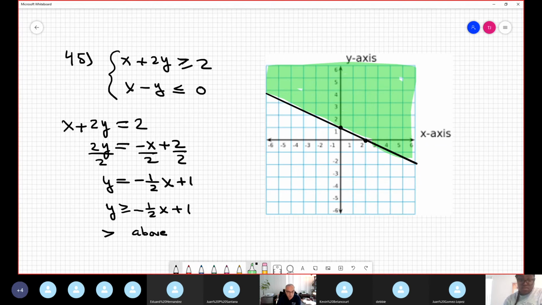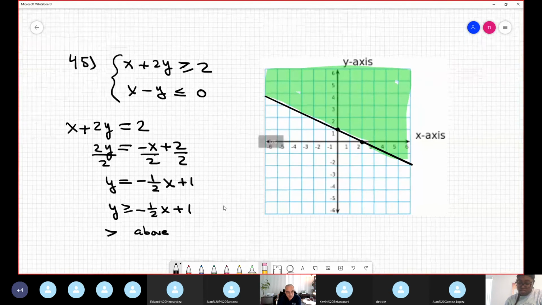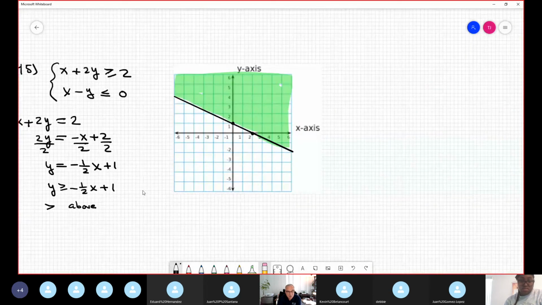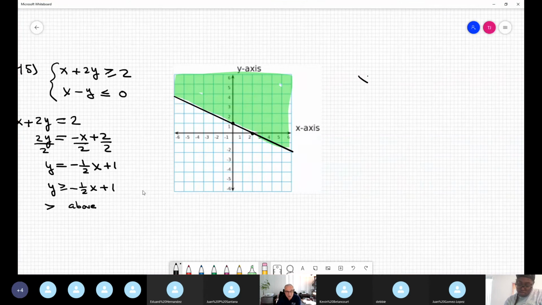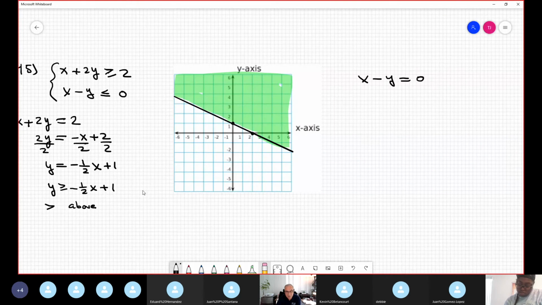All right, let's move on to the second part. The second part is super easy. Let's do it. X minus y equals 0. Entonces minus y is equal to minus x divided by -1. Y is equal to x. It's a line.